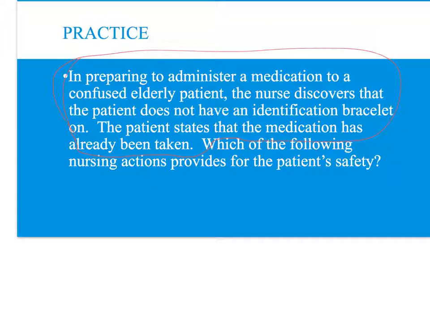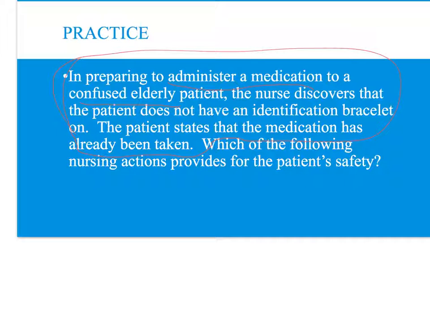And so once you identify the case scenario, then you start looking at key factors and rewording what this is telling you. So as far as for me, I would look at this and say I'm going to administer medication. I have a confused elderly patient.